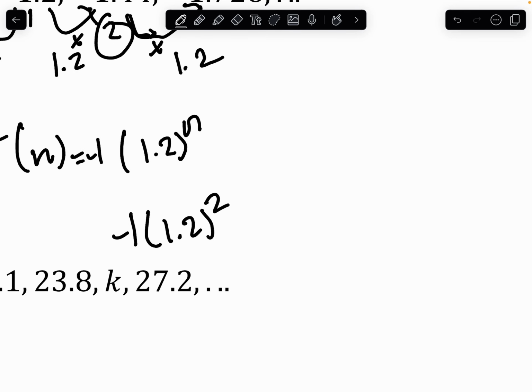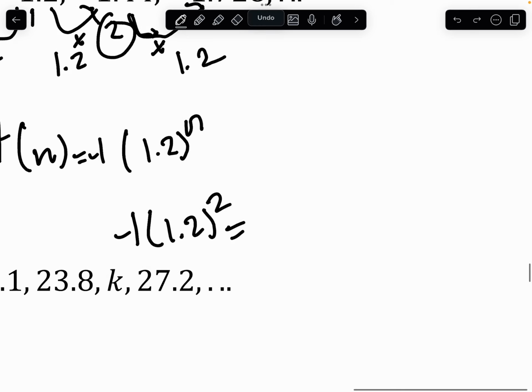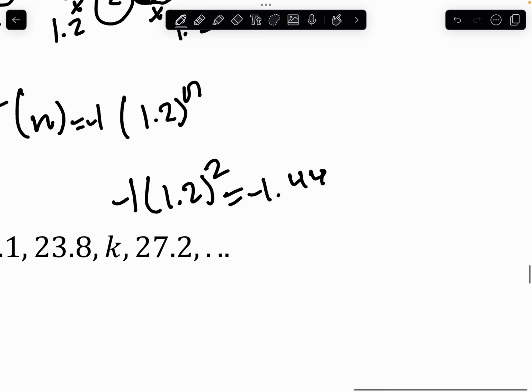Alright, so we're trying to find if the equation works for the second term. Alright, 1.2 squared is 1.44. So you get negative 1 times 1.44 equals negative 1.44.